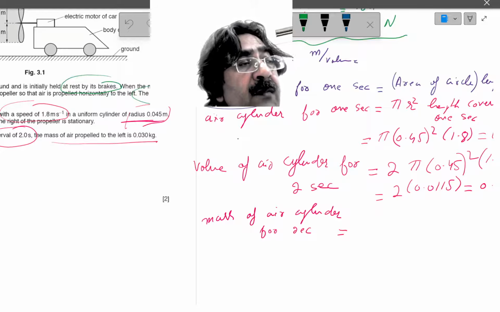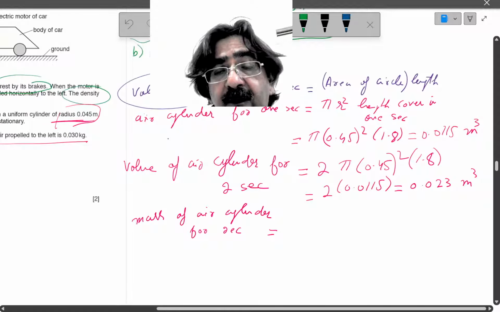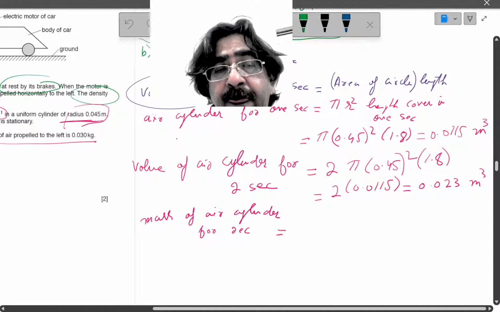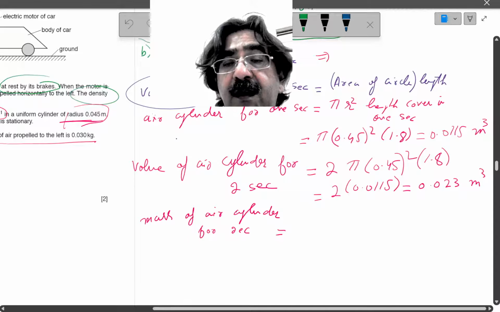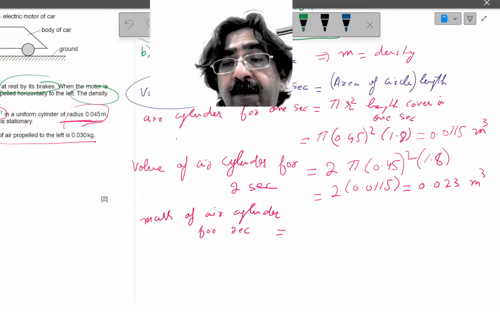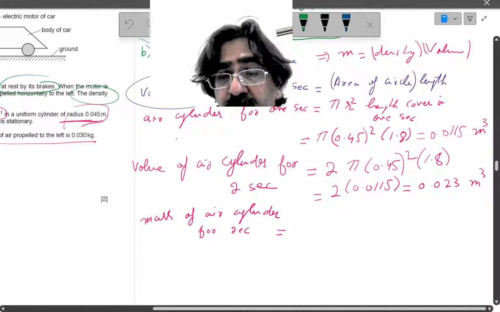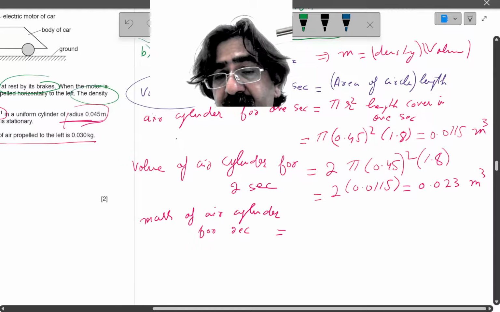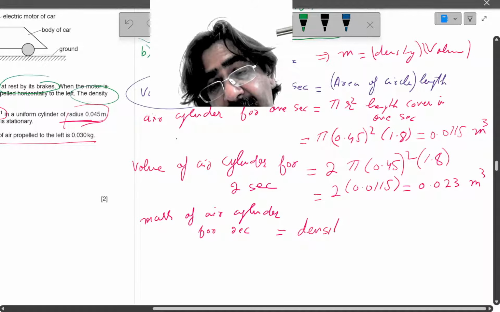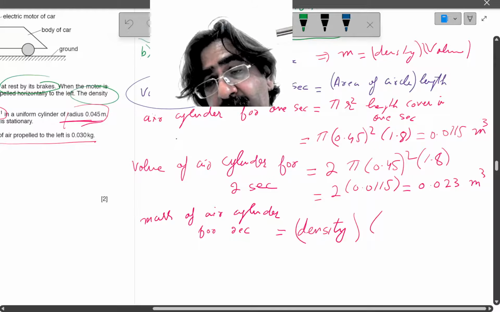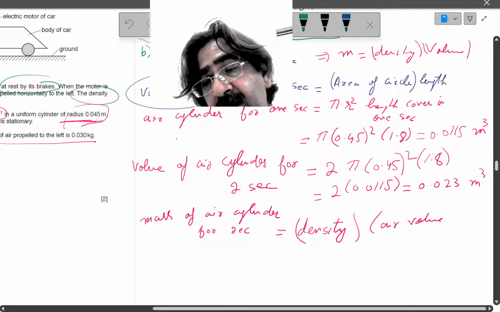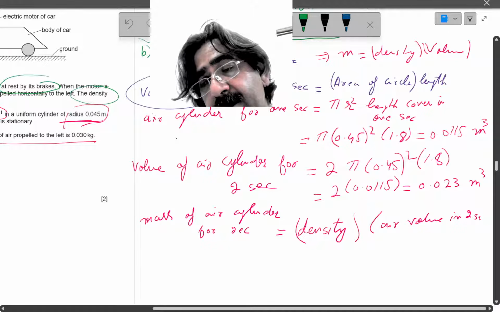As we know, mass is density multiplied by volume. So mass for 2 seconds will be the given density multiplied by the air volume in 2 seconds.